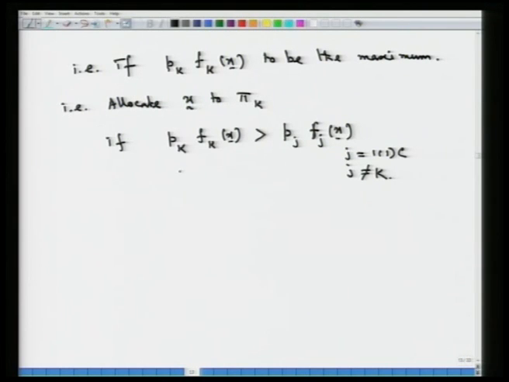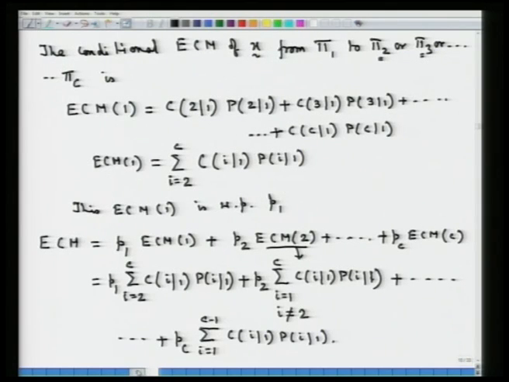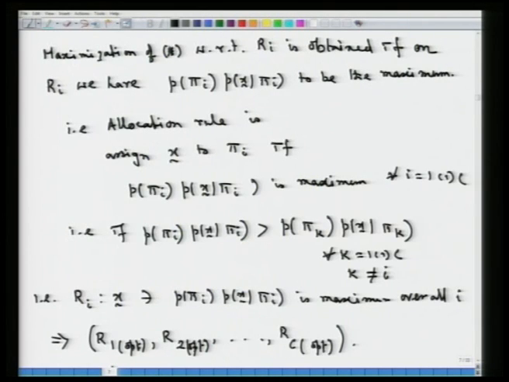Now, recall that when we were looking at the total probability of misclassification rule, what was the rule that we had got? Let us look back and see what we had got earlier. When we were looking at the total probability of misclassification rule, we had said that the rule is going to assign x to pi i if the probability product here is greater than this type of probability product for all other products other than i.